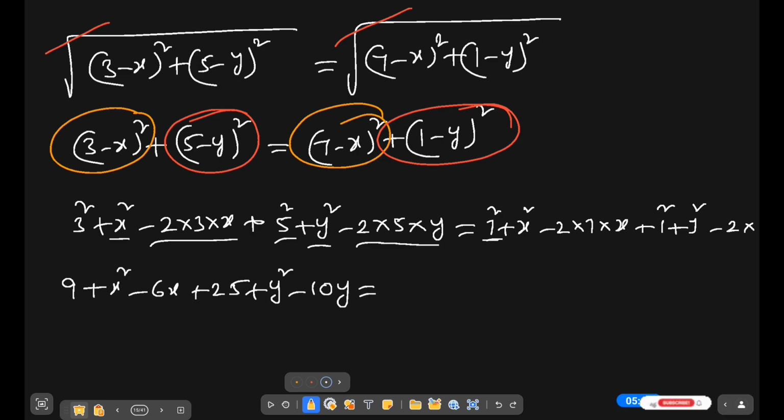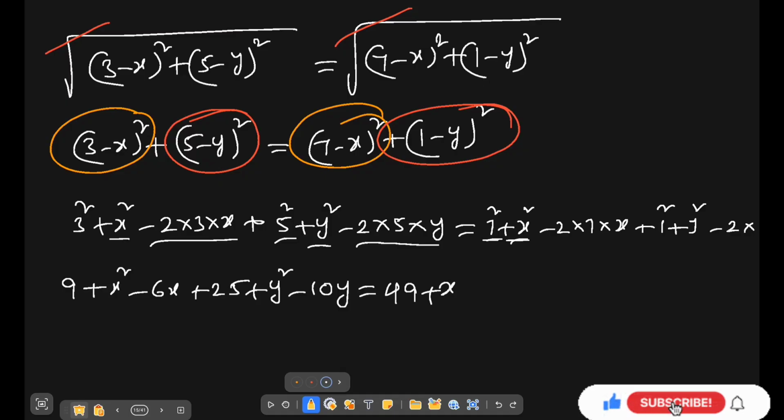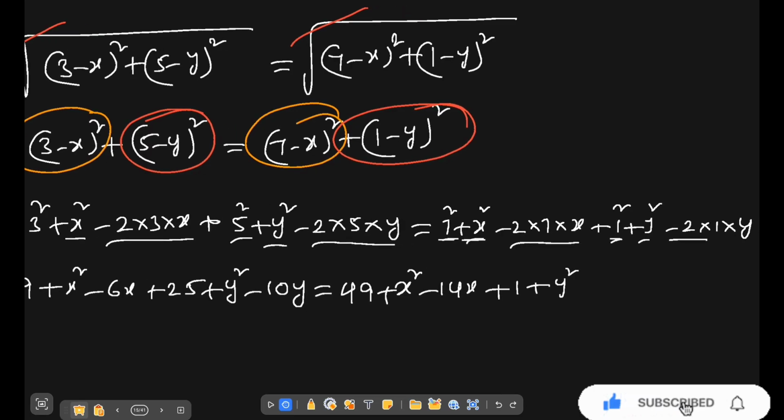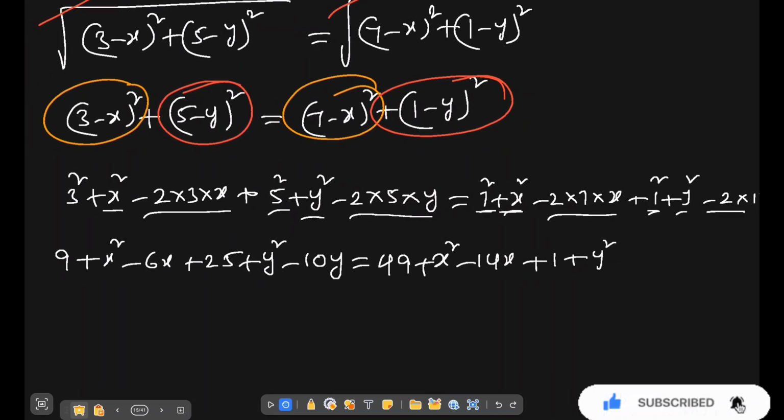So equal to 7 square is 49 and x square. Next this is minus 14x, plus 1 square is 1 and y square is y square, and this is minus 2 into 1 into y, so minus 2y.